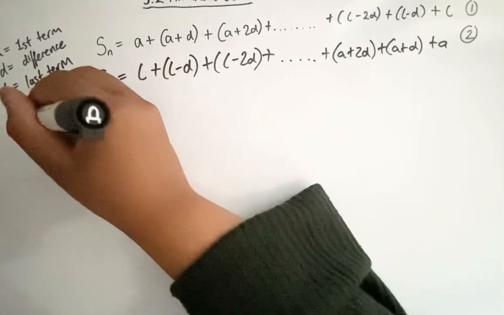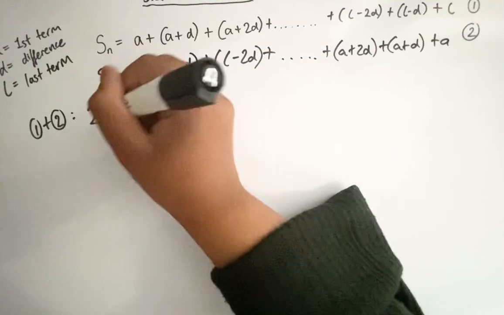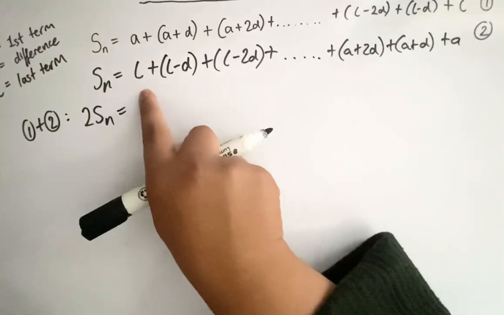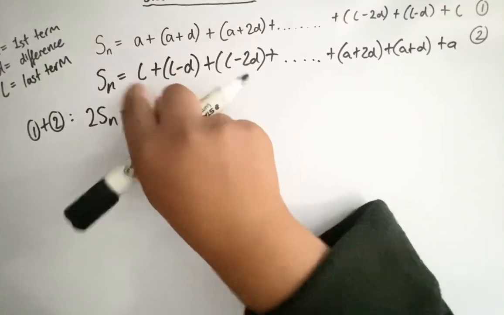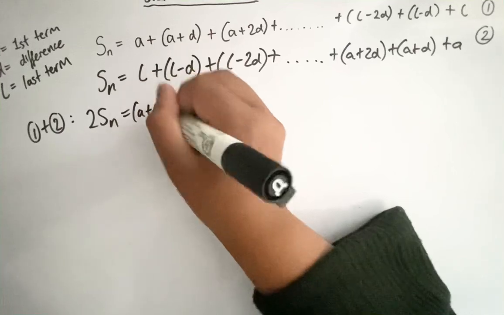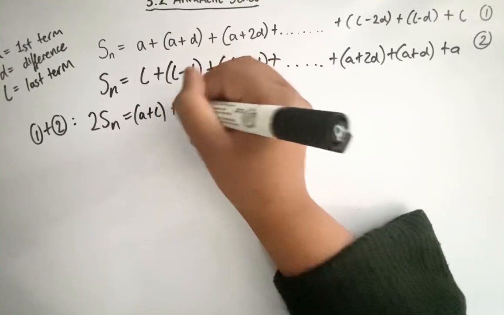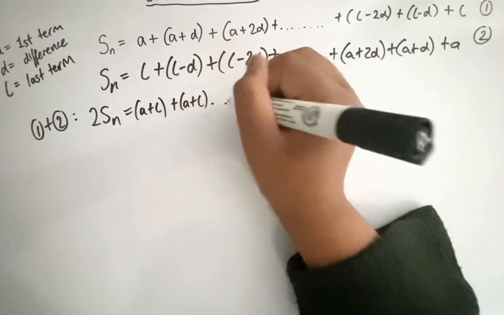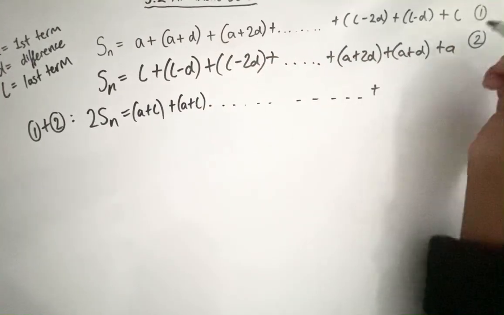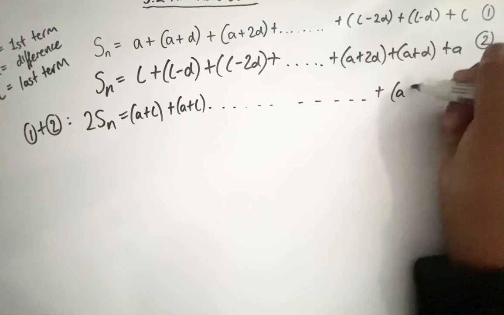Now if we add 1 plus 2, 2Sn this time is equal to, if we add a and l, we just get a plus l. If we add a plus d and l minus d, the d's cancel, so we just get a plus l. And this happens all the way until the end. You get l plus a, which is a plus l.